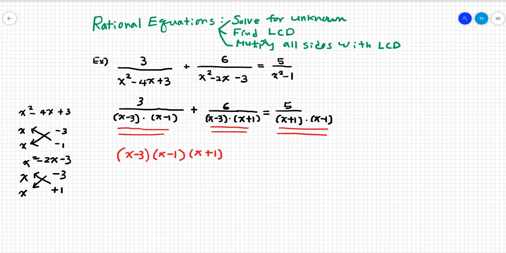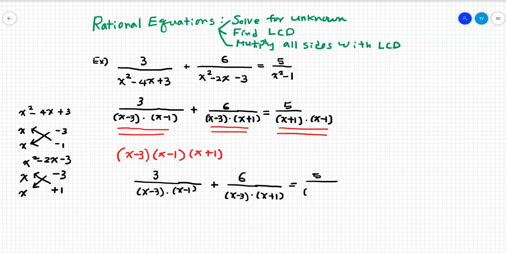Okay, so now I have 3 over x minus 3 times x minus 1. Then the second one, 6 over x minus 3 times x plus 1. And the third one, 5 over x plus 1 times x minus 1.